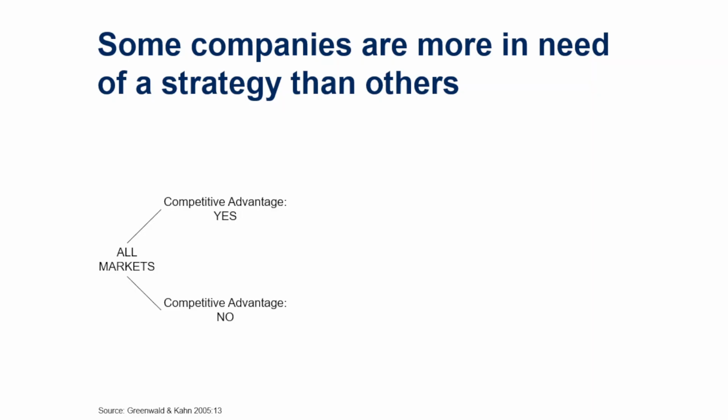If there's no competitive advantage and all companies basically have the same resources and have the same kind of capabilities and compete for the same customer base, then there's only one way, and that is to be operationally effective. That means efficiency, efficiency, efficiency, and reducing cost and gaining ground over the competition by being just the most efficient company in the market.